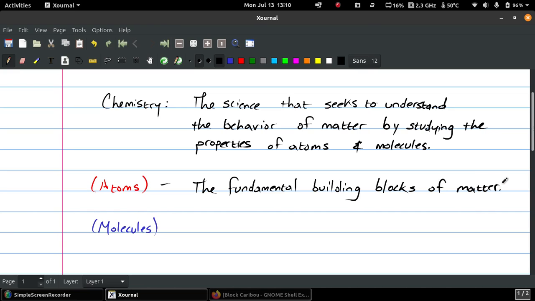And a molecule is simply two or more atoms together. And that would mean that they are chemically bonded.